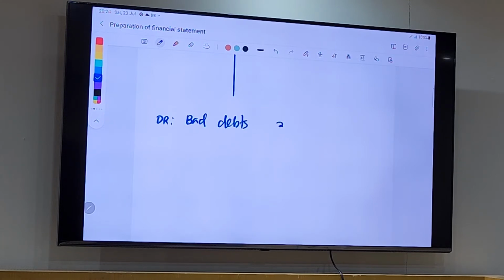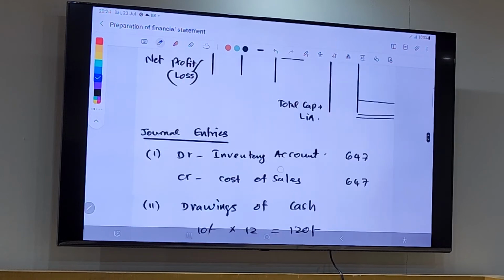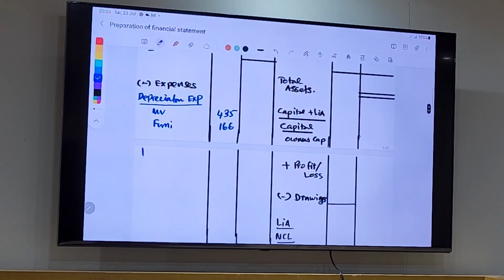credit trade receivables. And then here, bad debts is part of expense, you need to write that. Trade receivables.